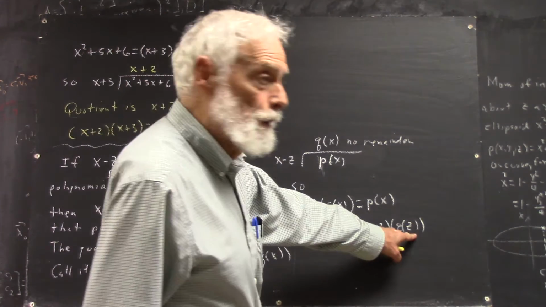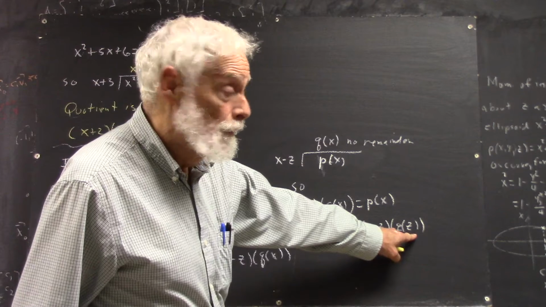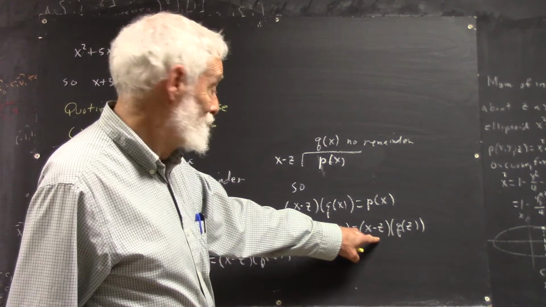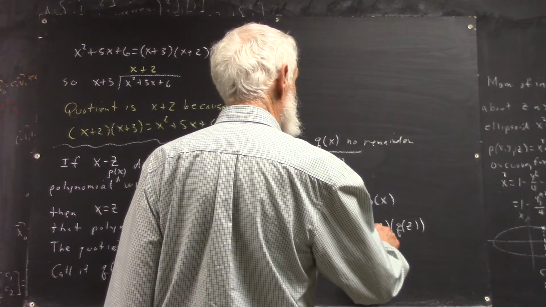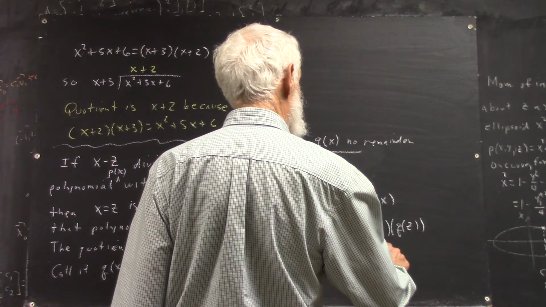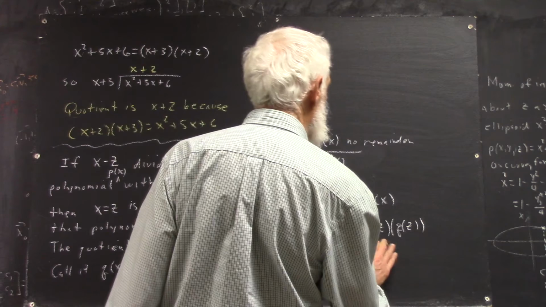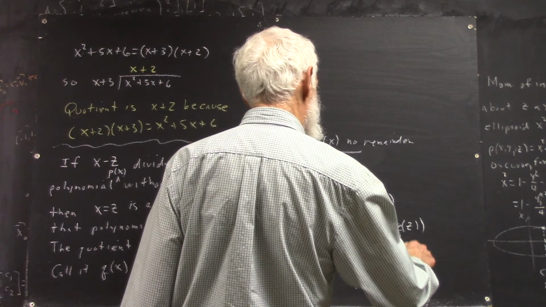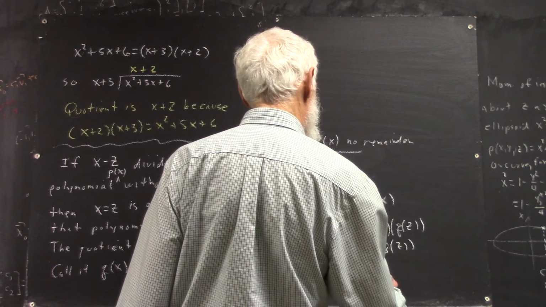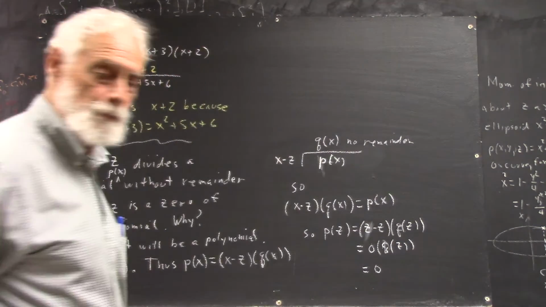Now q of z could be anything at all, but x minus z, I'm sorry, it's not x minus z, now it's p of z, it's z minus z equals 0 times q of z. Which equals 0.